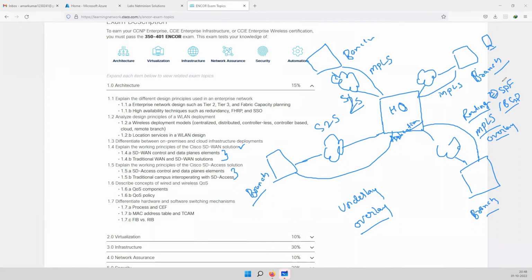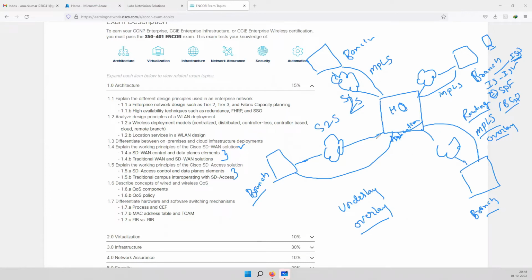EIGRP is better, but for that the entire infrastructure would need to be changed. Correct. So OSPF, and one more protocol I'm forgetting, that is IS-IS. Yes, right. These protocols are very famous, especially I have seen in ISP cases. They are using these protocols a lot.